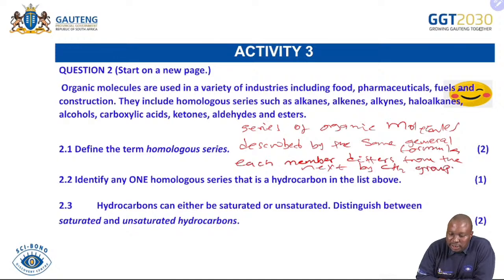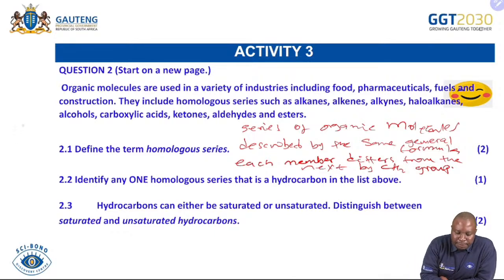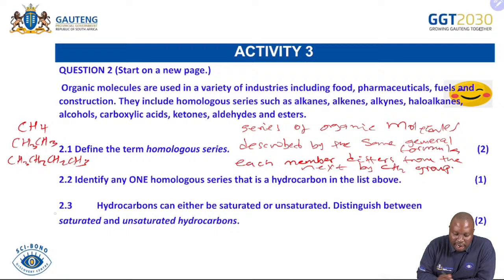So that's what you said. Two things. You are saying they are described by the same general formula, and each member differs from the next by CH2. I think a simple example would be CH4, CH3-CH3, CH3-CH2-CH3. If we look at these structures which are condensed, I indicated that we don't do condensed, we do structural formula. So you must draw and show the bonds.